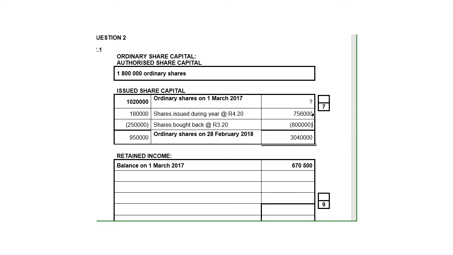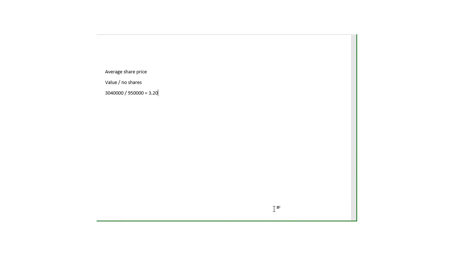So I've got everything but the opening balance. I've got everything except for one, I can work back to get to the missing one. I start with the answer, 3,040,000, do the opposite. So 3,040,000, not minus, but plus 800,000, minus 756,000.